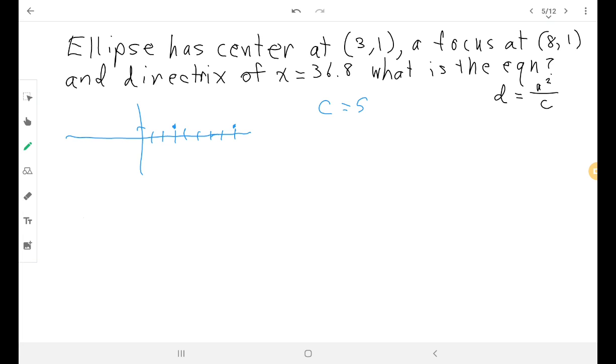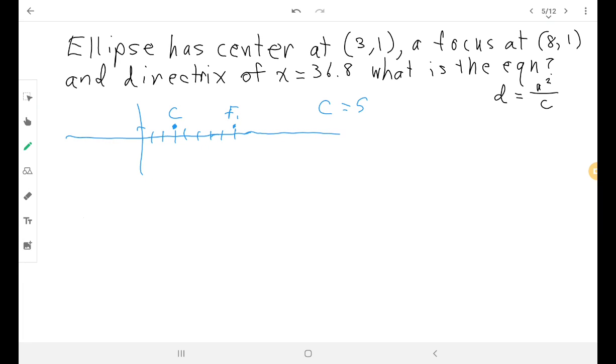What I don't know is my A distance, but I do have that the directrix distance is A squared over C. So I have to figure out the directrix distance from where the directrix is placed and then where the center is. So remember, this right here is the center. This is a focus point. Let's call it F1.